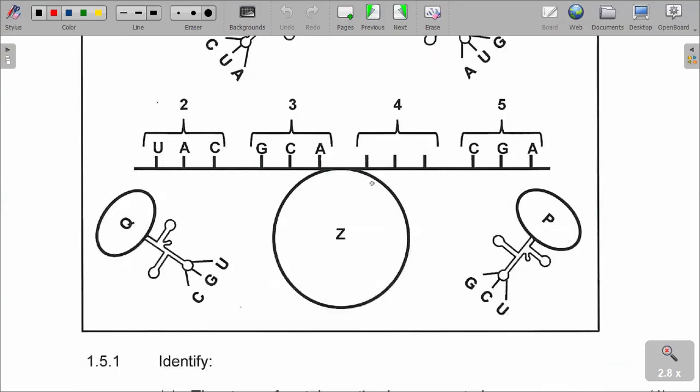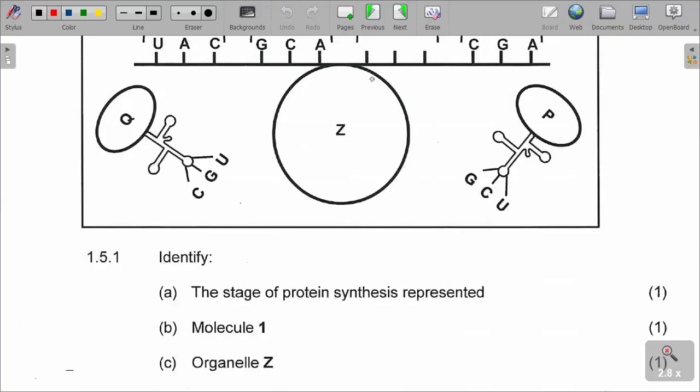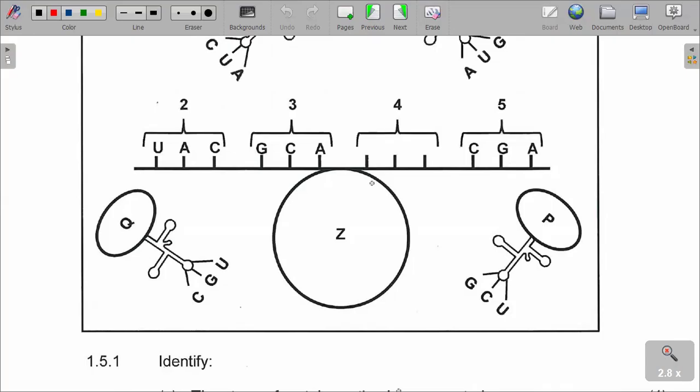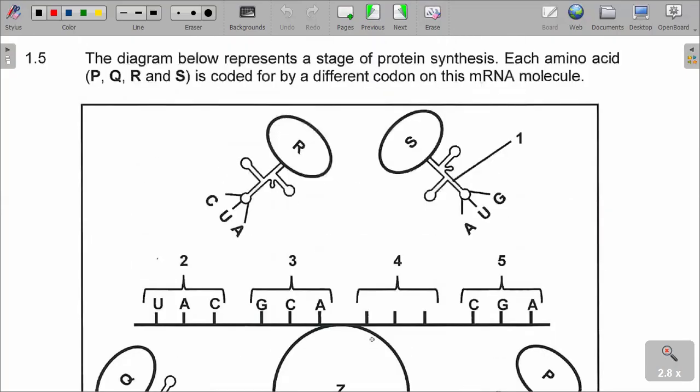So the question is saying: identify the stage of protein synthesis that is represented by molecule 1.